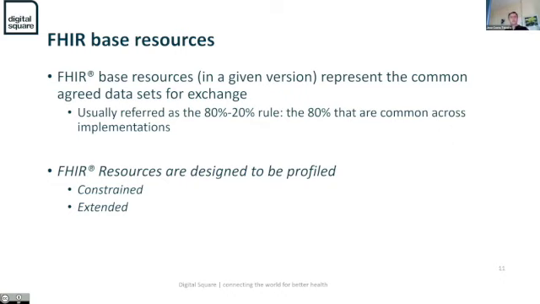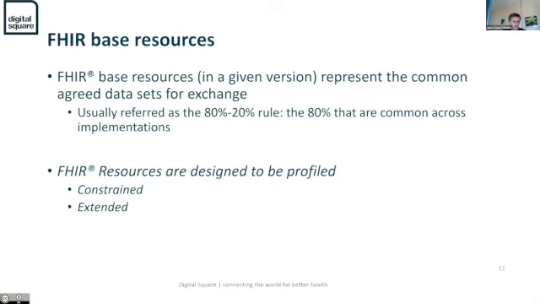So FHIR provides those things that the groups define: if you want to exchange patient names, this is how you do it. So these are things that are standardized. Leaving the rest, the other 20%, and it's never a precise figure, it's just a rule of thumb. Leaving the other things that are tricky, that are not standardizable, or we haven't figured out a way to standardize yet, leave those out exactly for profiling.